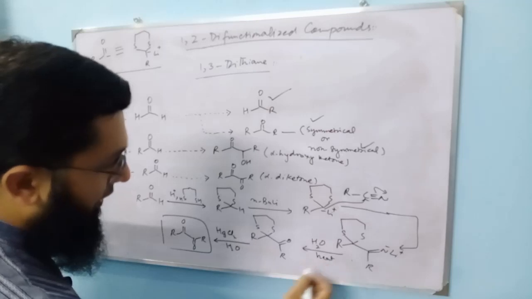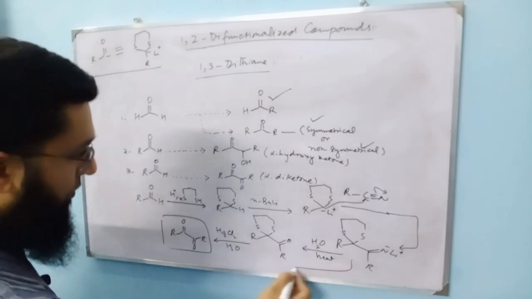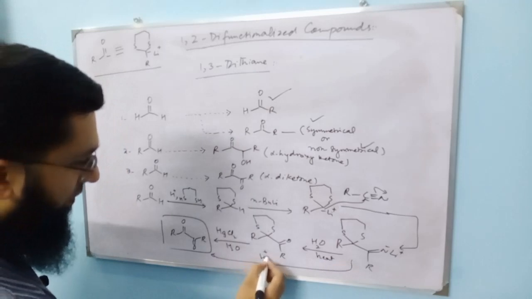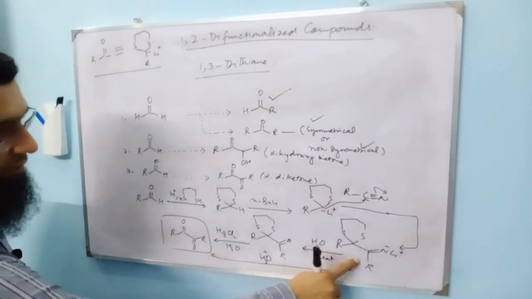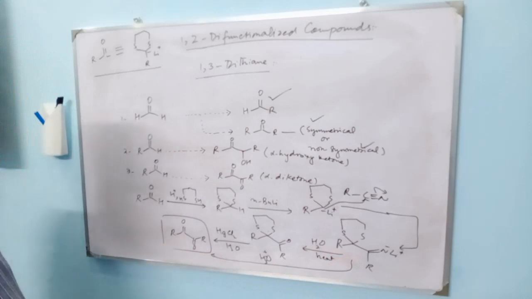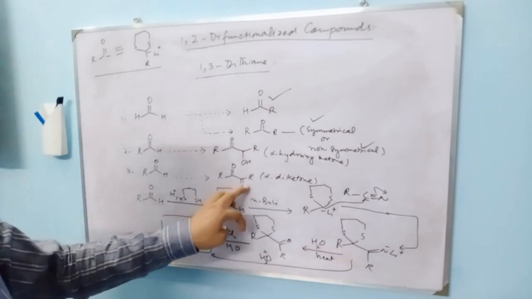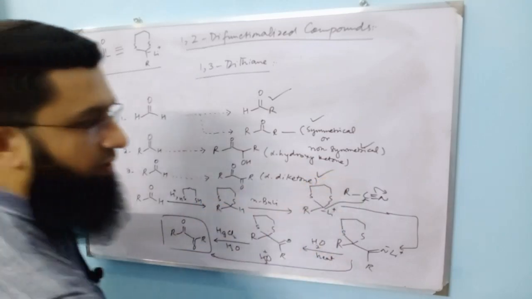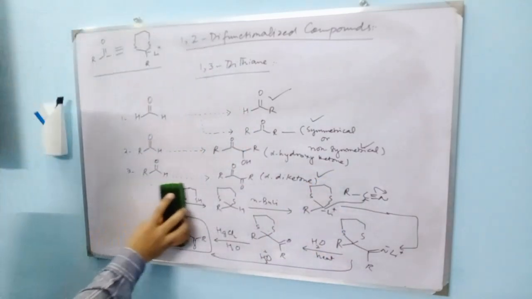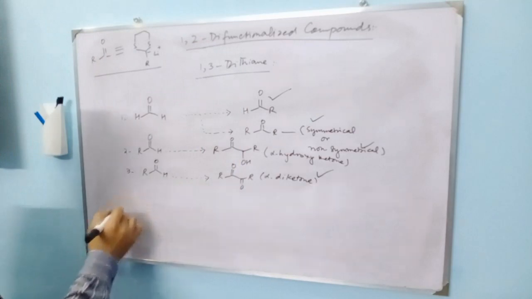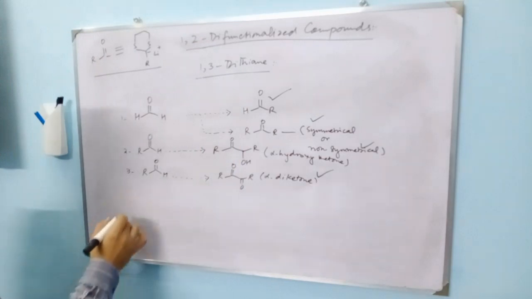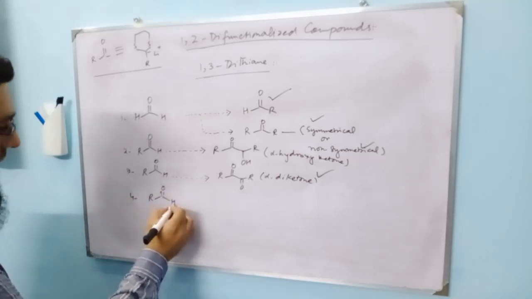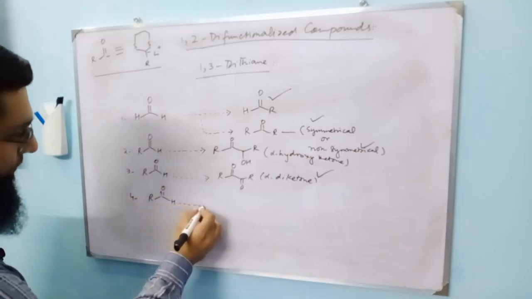Here we will use heat, and if we use acidic water, we can directly convert this molecule into this one. So this is how we can prepare alpha diketones. Now we see the next conversion. 1,3-dithianes can also be used for the preparation of beta hydroxycarbonyls.